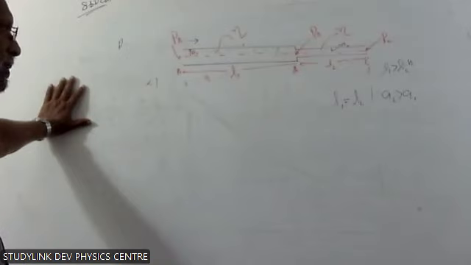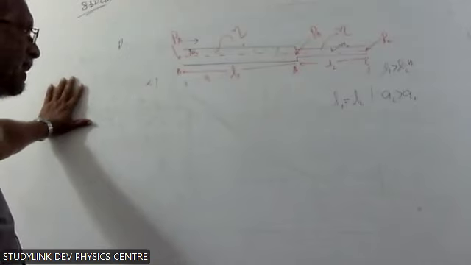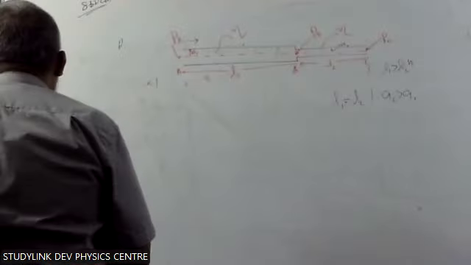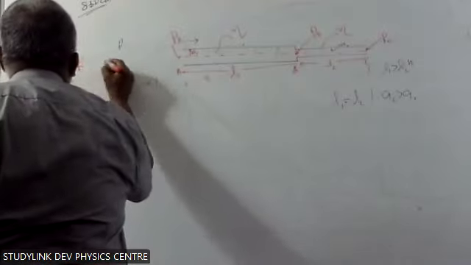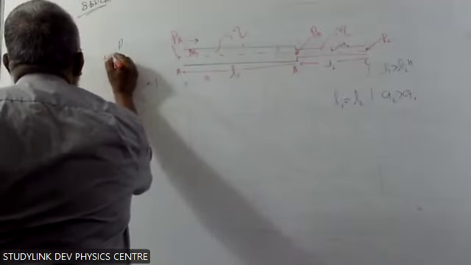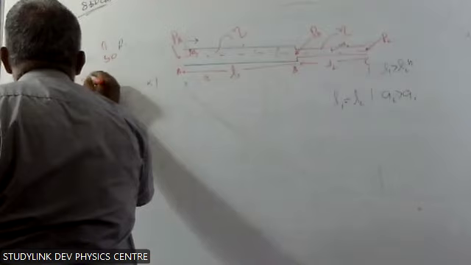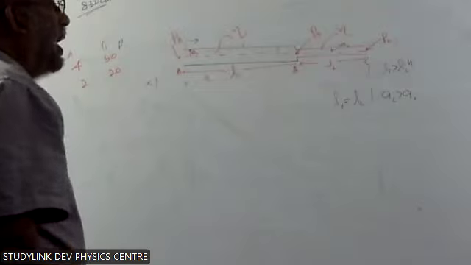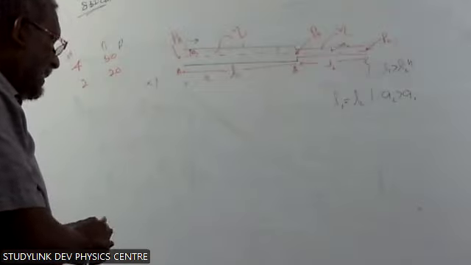two capillary tubes, diameter 4 millimeter, length 50 cm, and diameter 2 millimeter, length 20 centimeter are connected in series.